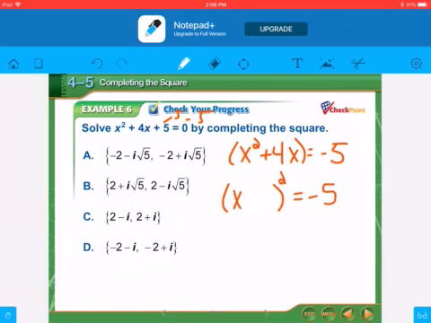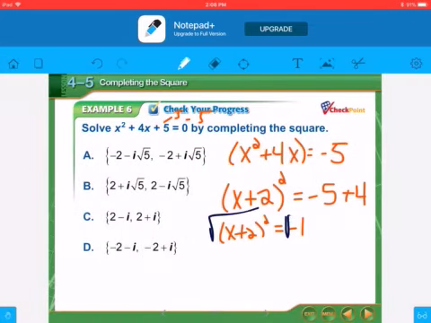And now I'm going to go to b, which is 4, and take half of that, so that's 2. And then you're going to square that and add that to the other side, so 2 squared is 4. Now add it there. So I have x plus 2 squared equals negative 1. And now to finish solving, I'm going to square root both sides.